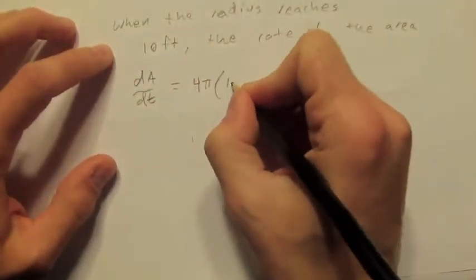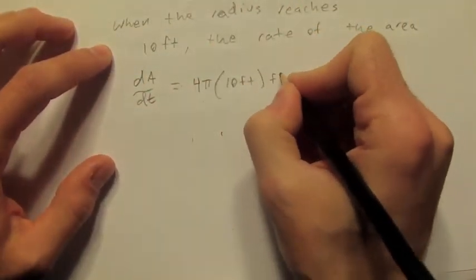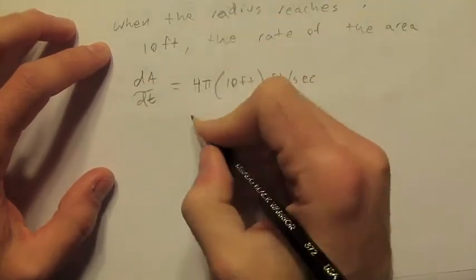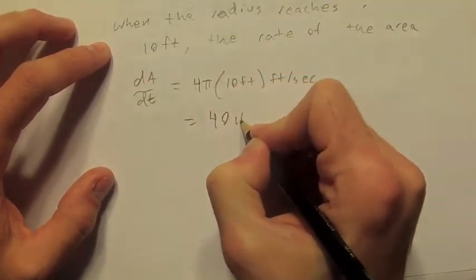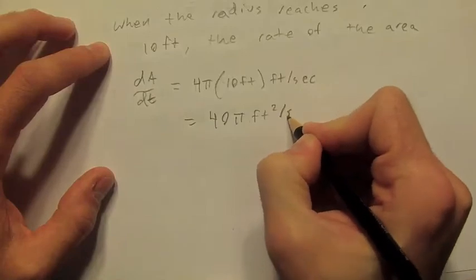So r here is 10 feet. Okay, so we'll end up with 40 pi feet squared per second.